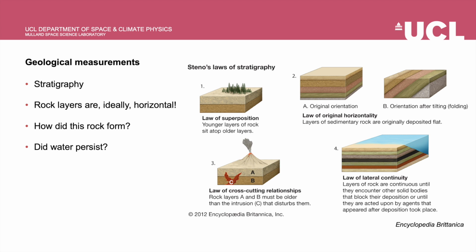So if we can understand these relationships, we can think about how the rock formed, what the environment was for the sediment when it deposited, was it in water, was it in air, and if there was water, how long it persisted. So whether all of the rock seems to have been deposited in water, or if there were sequences of wetness and dryness, this is all information we can use to reconstruct the climate of Mars.